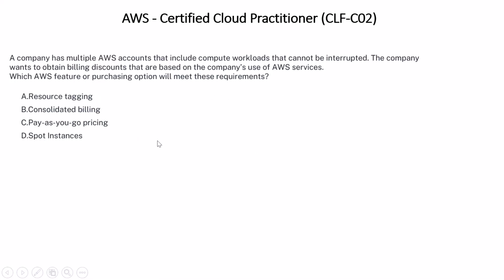Next question. A company has multiple AWS accounts that include compute workloads that cannot be interrupted. The company wants to obtain billing discounts that are based on the company's use of AWS services. Which AWS feature or purchasing option will meet these requirements? Option A, resource tagging. Option B, consolidated billing. Option C, pay as you go pricing. Option D, spot instances.